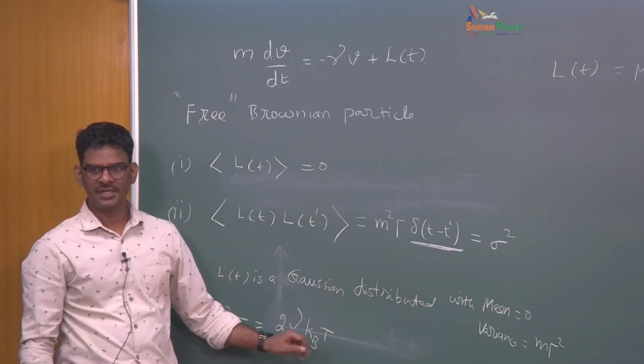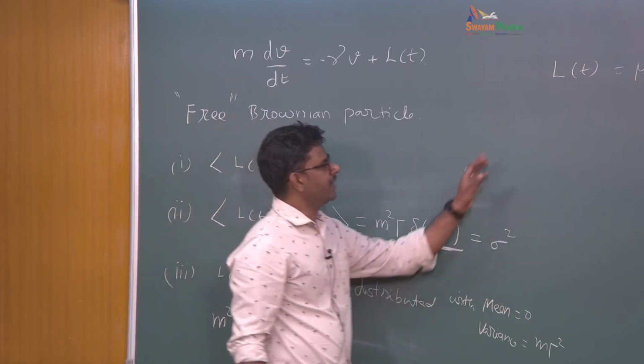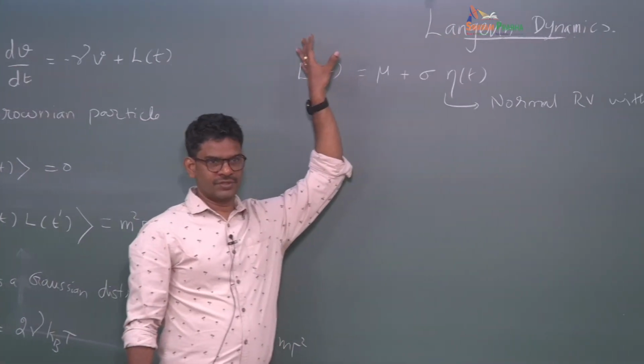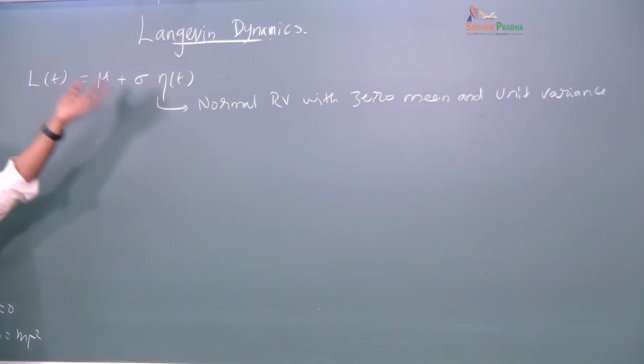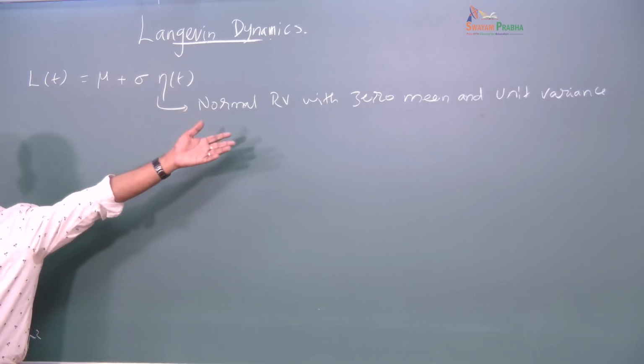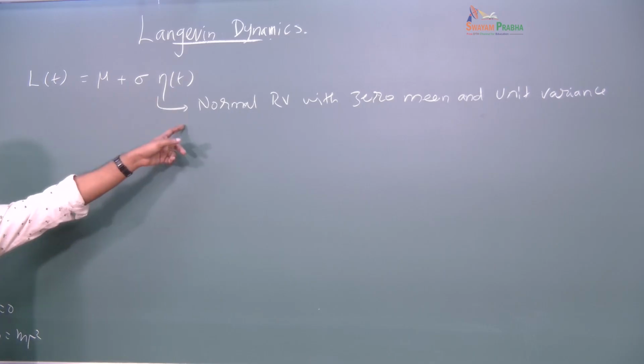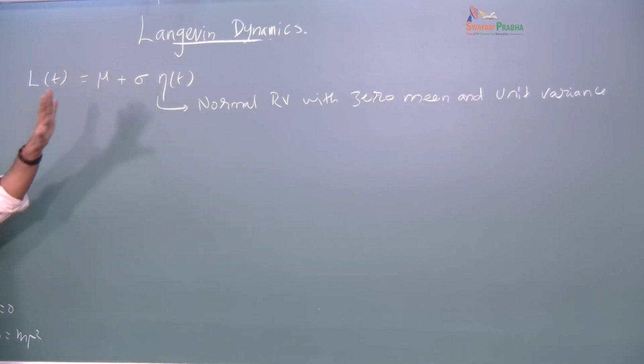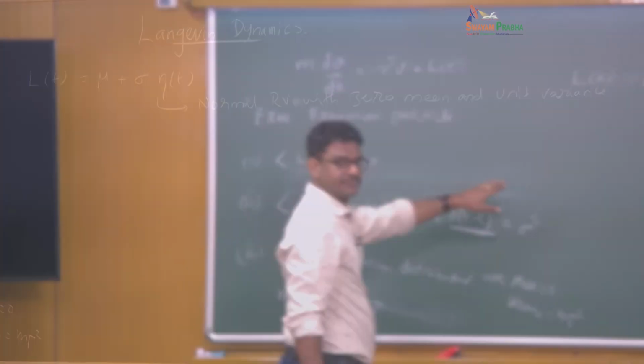Now I can rewrite this random force, which is Gaussian distributed, through a normal random variate with 0 mean and unit variance via this transformation. In a probability course you must have studied this: by using a normal random variate with 0 mean and unit variance, you can write another Gaussian distribution with another mean and another standard deviation through this transformation.